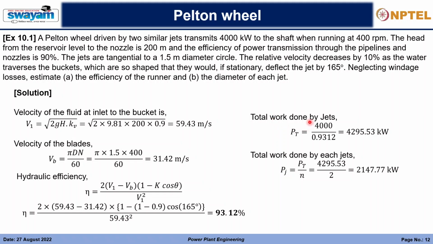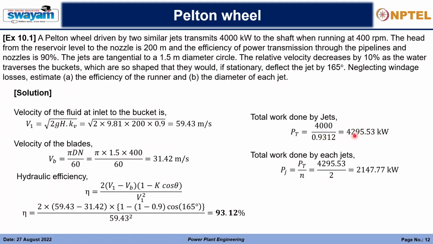Then we can calculate the total work done by the jets. That is 4000 kilowatt being transmitted to the shaft, but some amount of it is being lost, right? So we have to supply a higher power of kinetic energy to compensate the loss. 4000 kilowatt is being delivered to the shaft, so that is why we divide it by the efficiency.